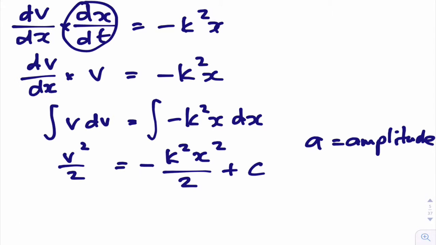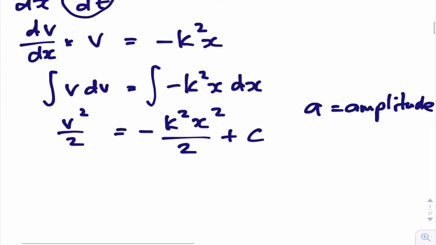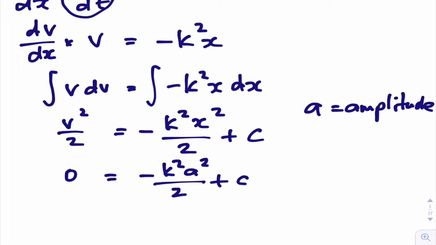So when x is equal to A, v is equal to 0. We get as far away from the center point as we can, so when the acceleration is maximum, the velocity is 0. That means 0 equals negative k squared A squared over 2 plus c, so c is k squared A squared over 2.